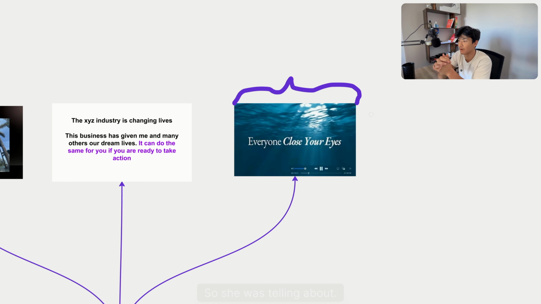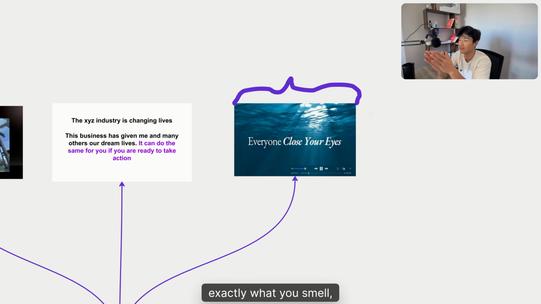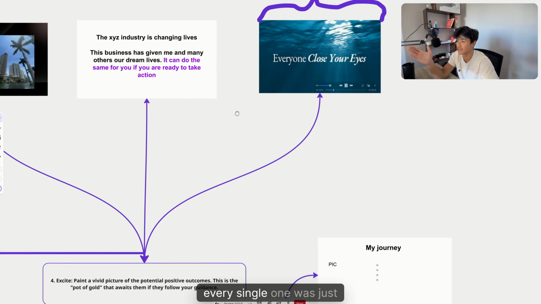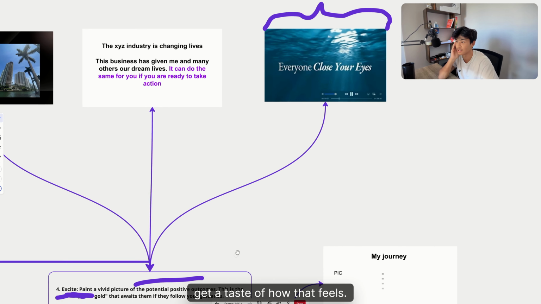She was talking about how you wake up in your dream apartment, exactly what you see, exactly what you smell, exactly what you feel. This way, every single one was super, super excited. They saw exactly how they would feel in their dream outcomes and got a taste of how that feels.